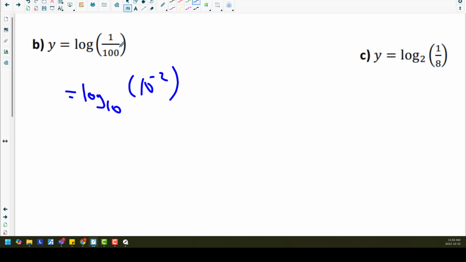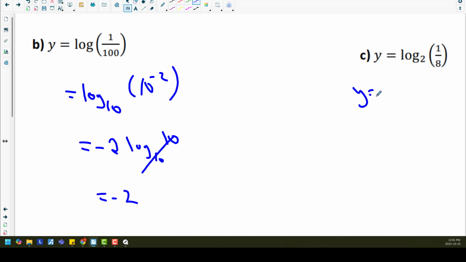Well, I know that 10 times 10 is 100. So log base 10 of 10 to the power of negative 2, and negative 2 comes in front. Then it's just log base 10 of 10. That's just 1, so that's equal to negative 2.